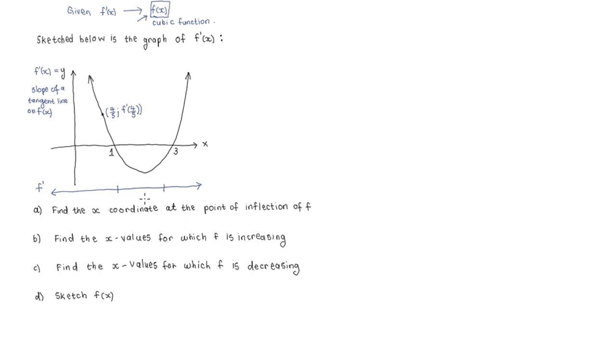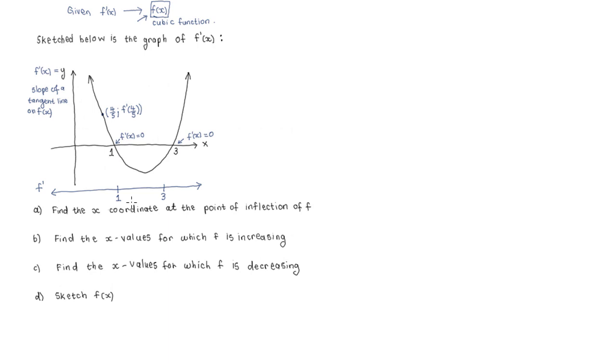You can see that f prime of x equals 0 over here at the x-intercepts. So we would put that on the derivative number line, so that would be 1 and 3 as your critical values.